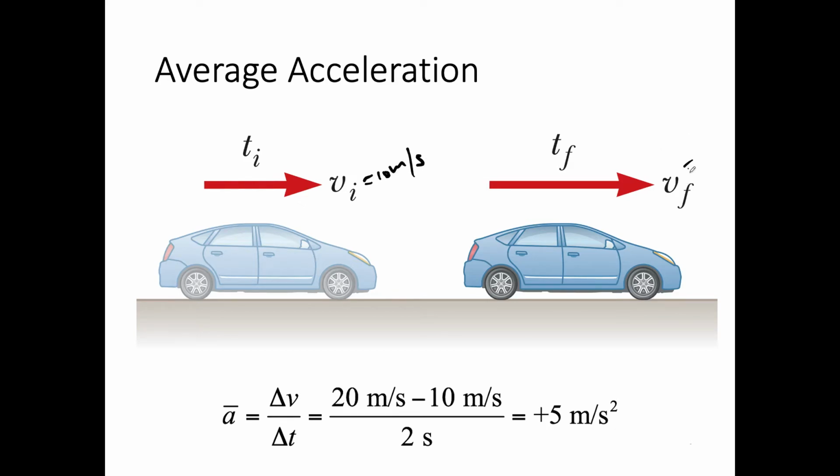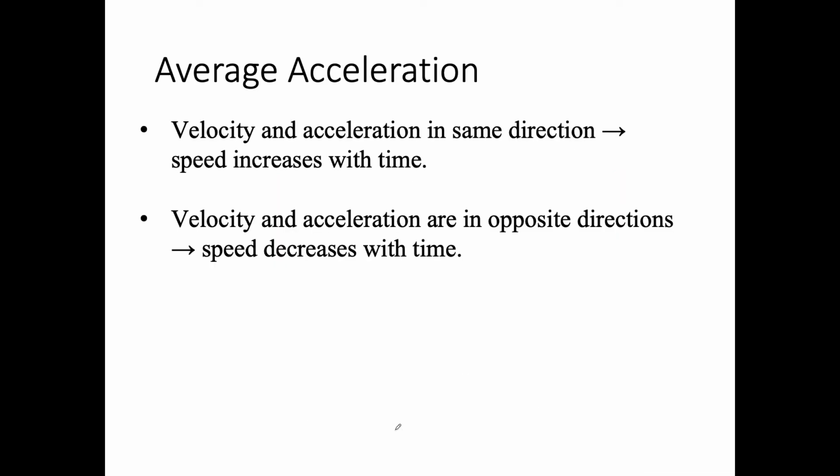It accelerates to 20 meters per second and it takes 2 seconds for such a change. So the average acceleration, the final velocity subtract the initial velocity divided by the time it takes for that change, gives us an average acceleration of 5 meters per second squared. Now the unit for acceleration is meters per second squared.